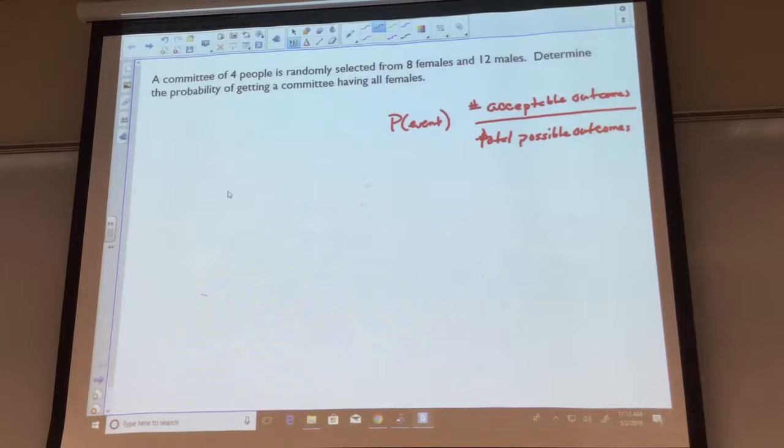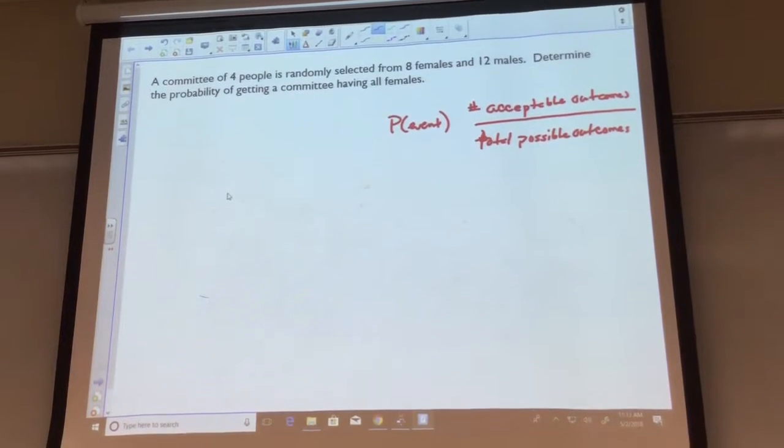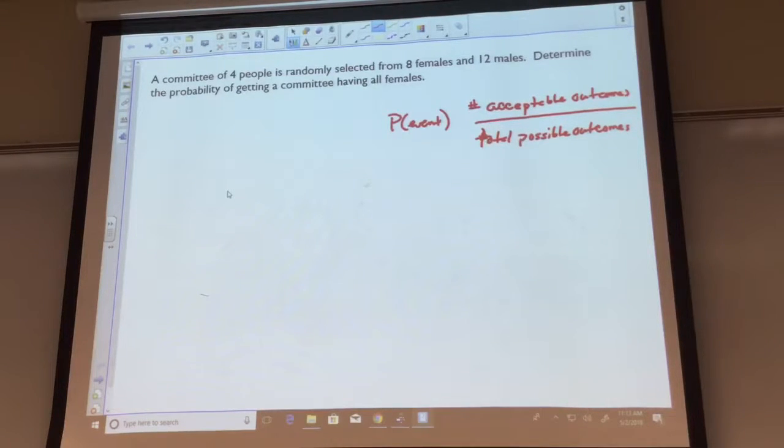Probability is a ratio which expects you to be able to count. But with probability, you don't have to worry about arrangement like we do in some counting exercises.